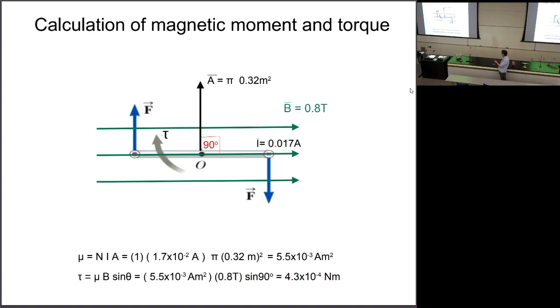Area of the loop: it was a circular loop, and the area is pi r squared, so it's pi times 0.32 meters squared. Multiply all this chain of things together, I got this number for the magnetic moment. Its units are amps meters squared. It's about 5.5 milliamp meters squared. So that's the magnetic moment.